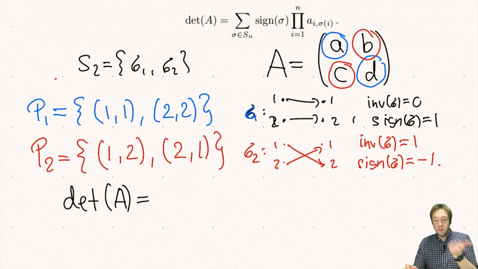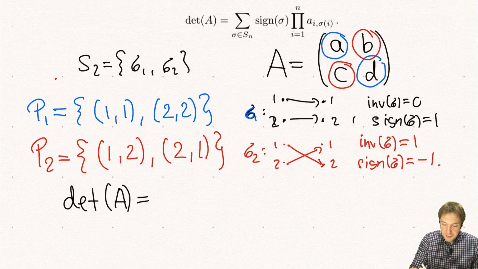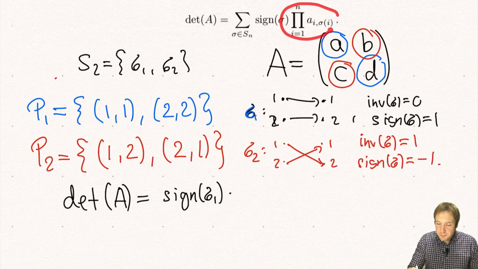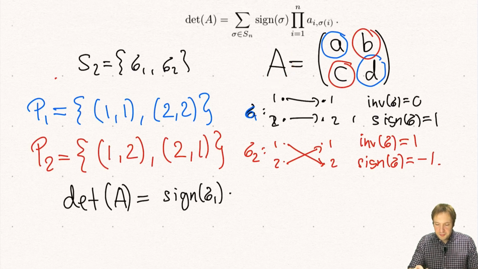So there are just two summands. So in the case sigma 1, I have the sign of sigma 1 times, and now I take the product of all the entries of this matrix A at these positions. So here, in this case, I get the positions 1, 1 and 2, 2, so this and this.